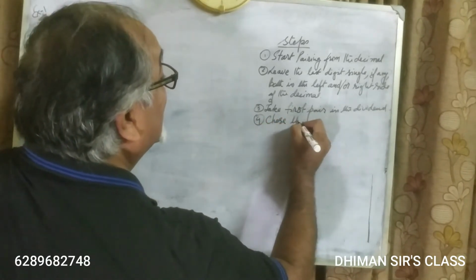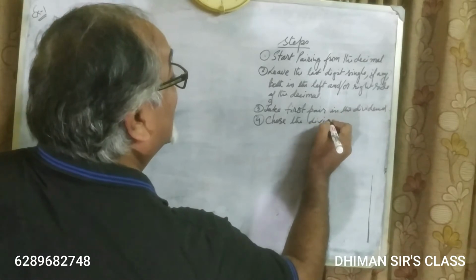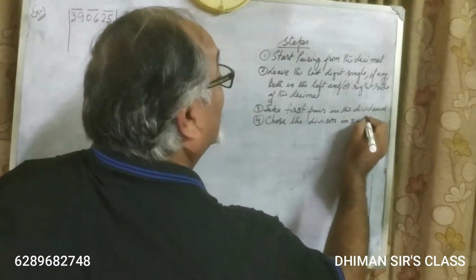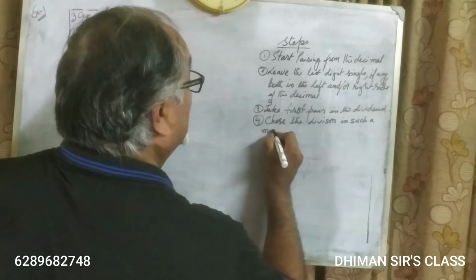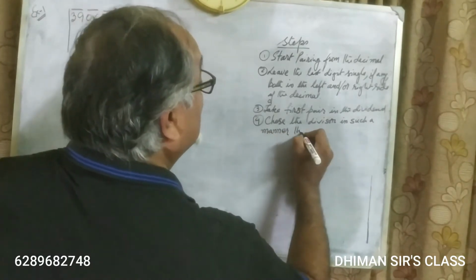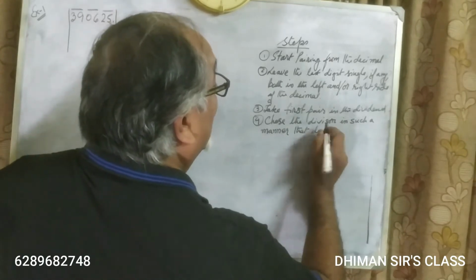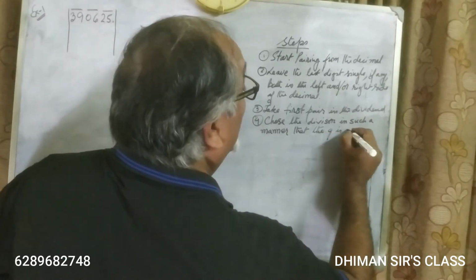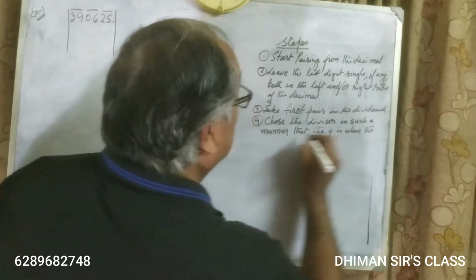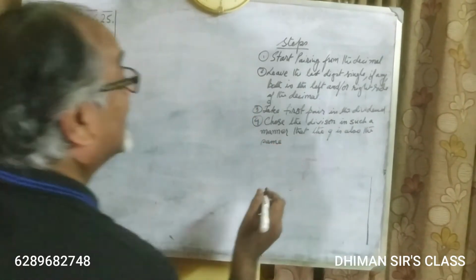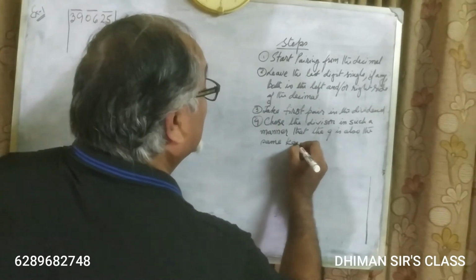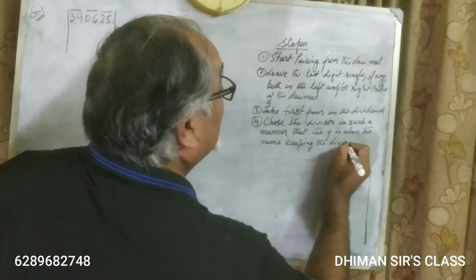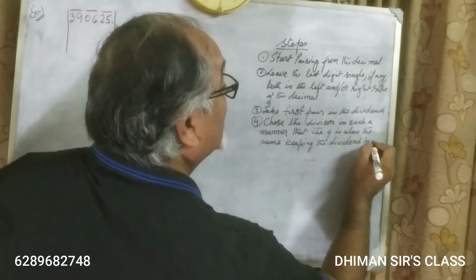Next, number 4: choose the divisor in such a manner that the quotient is also the same, keeping the dividend in mind.